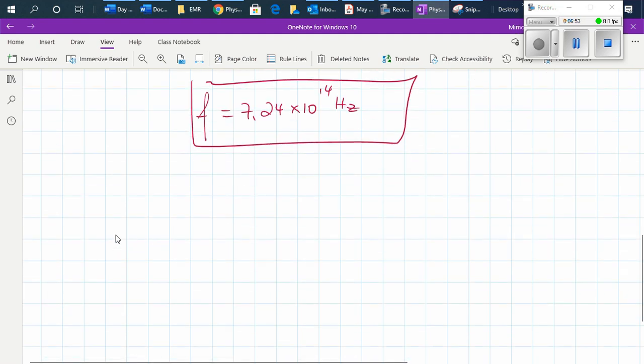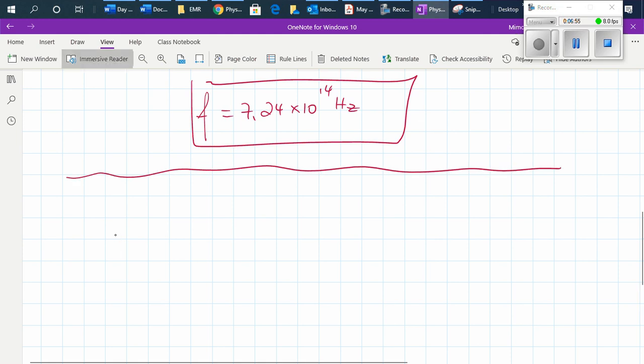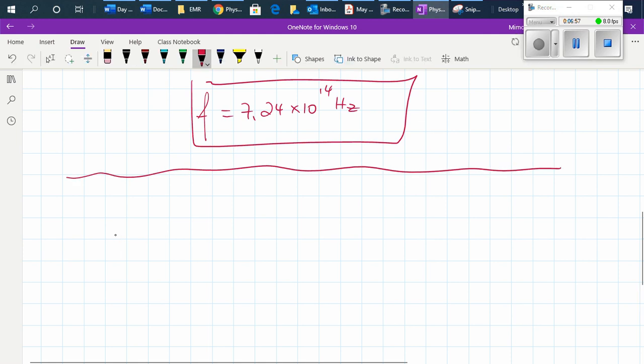Now, when we have a cathode ray tube that operates with a voltage of 80 kilovolts with a current of 875 microamperes, what is the intensity?